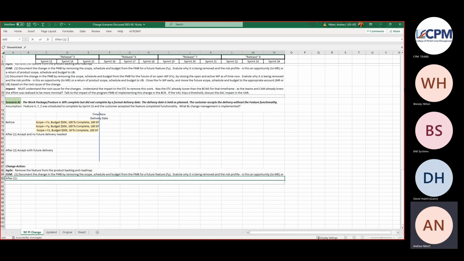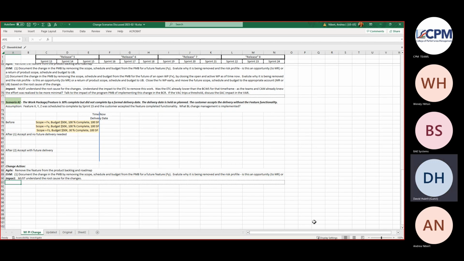So if the customer accepts it as is with nothing to be done, what is there to de-scope? Well, you're taking the capability out of the whole system, right? So that's a de-scope. I don't know what you do about the money you've paid them for partial delivery, and that's the end of it.